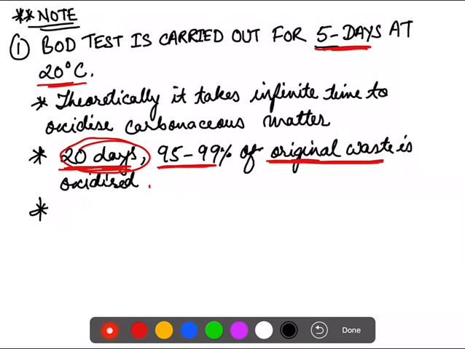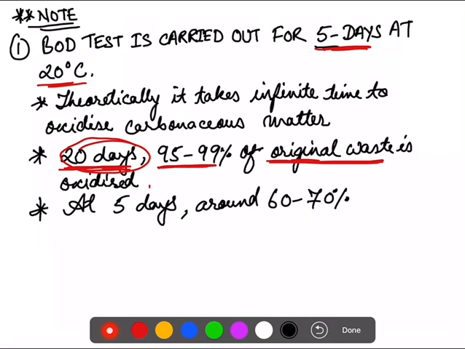So what we do is, at 5 days, around 60 to 70%, to be precise it is 68%. Precisely it is 68%.